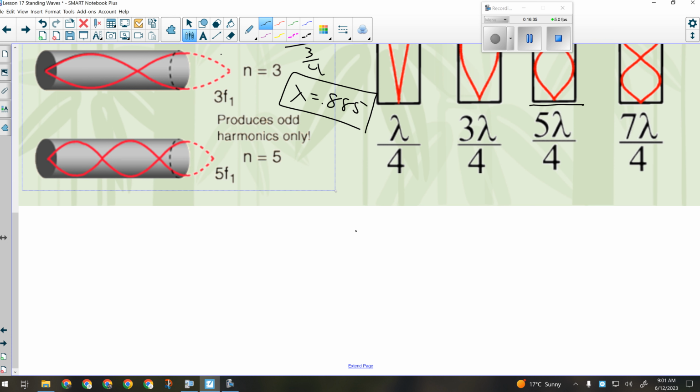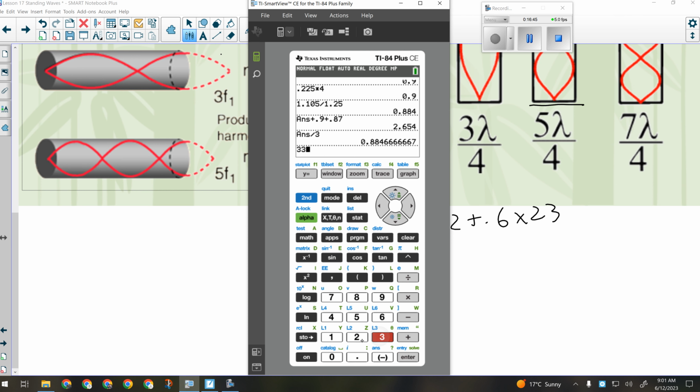So according to this formula, just to see how accurate we are, the speed of sound in here should be 345, 346 meters per second.